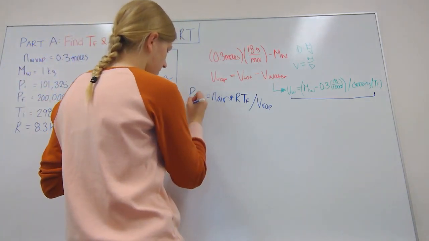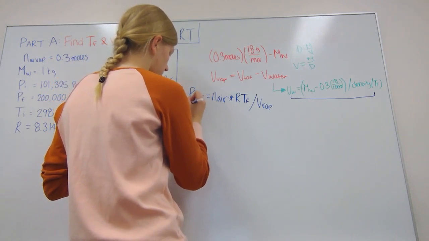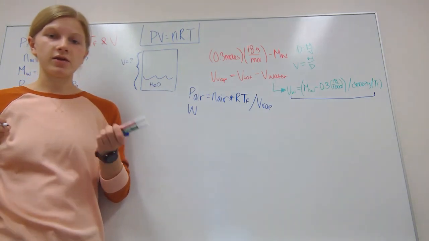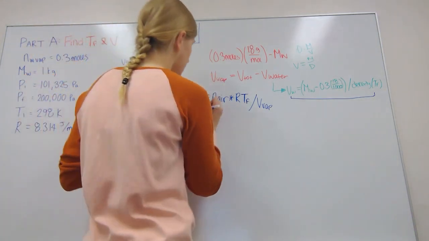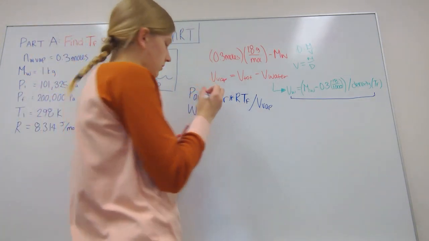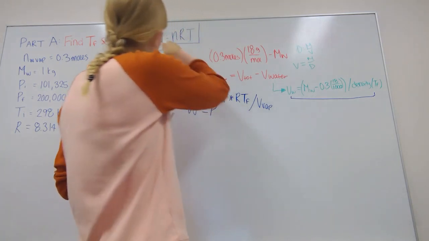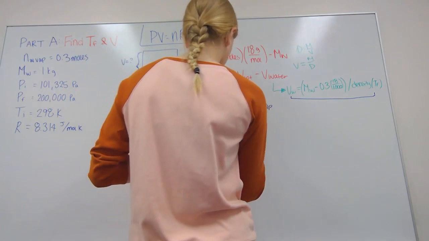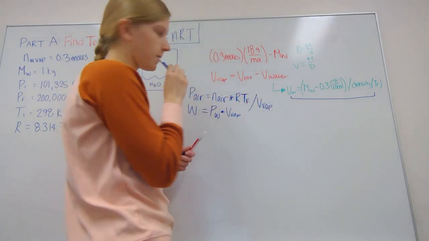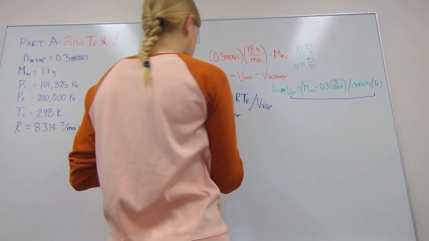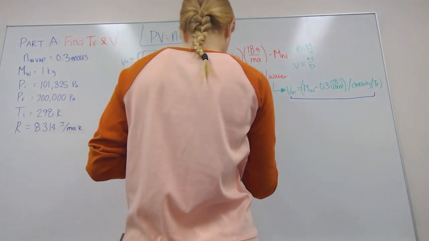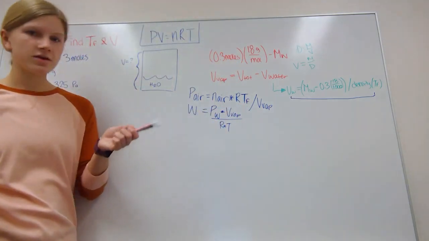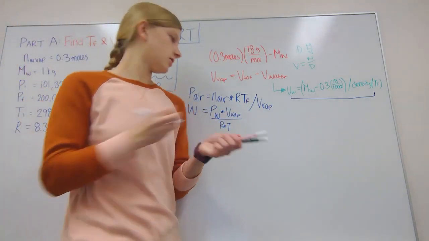So we have the number of moles of water, we'll just write it as a W, in the vapor phase, which is our 0.3. We want it to equal, moving that over, pressure times vapor volume divided by RT. Okay, awesome.